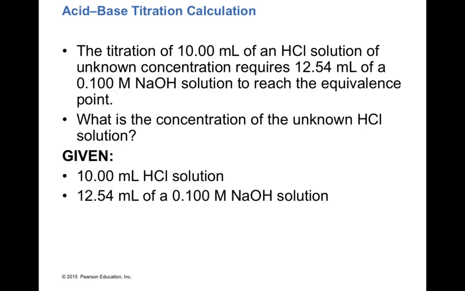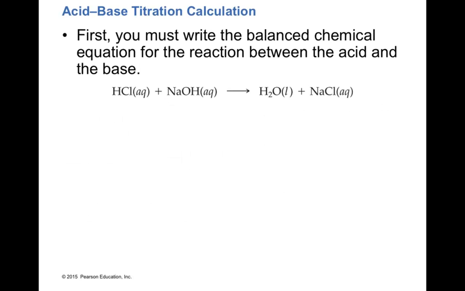So the question is to find the concentration of hydrochloric acid. The first thing that we need to do is to find the balanced chemical equation. We know that hydrochloric acid is HCl, and sodium hydroxide is NaOH. This is a neutralization reaction, so because it's an acid and a base, it produces water and a salt.